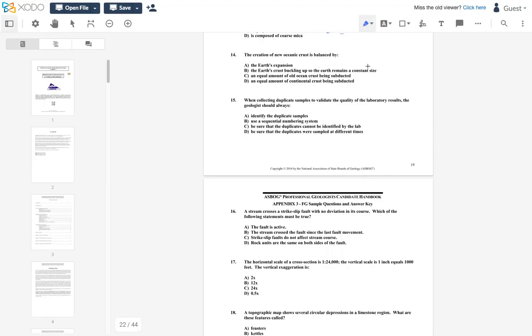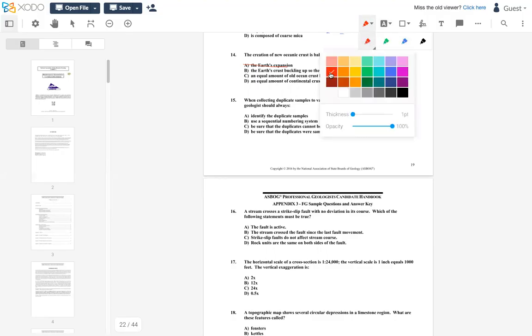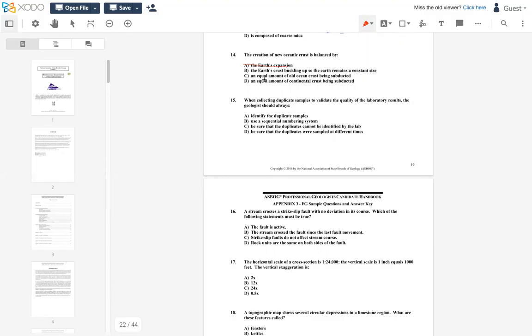So first things first, studies have shown that while the radius of the Earth may be expanding by an incredibly small amount, the Earth is not expanding. I want to entertain C or D. An equal amount of old ocean crust or continental crust.